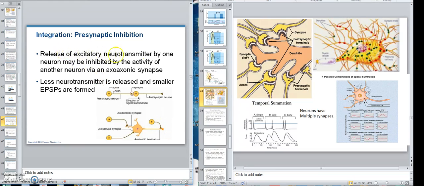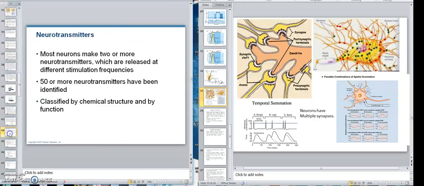So release of excitatory by one may be inhibited by the activity of another. So here would be the EPSP, but this one is doing an IPSP directly on the axon. Less neurotransmitter would be released by this neuron right here because you're getting some inhibition from it right there. Okay? All right, let's go further now.